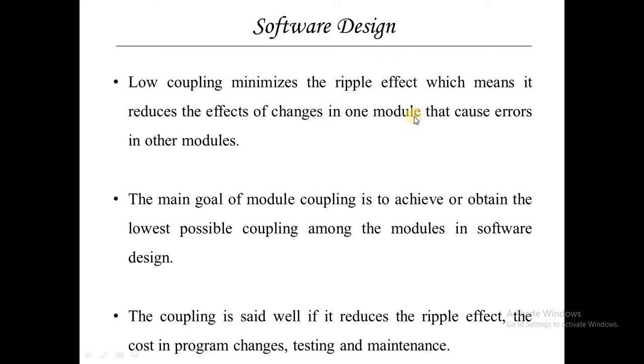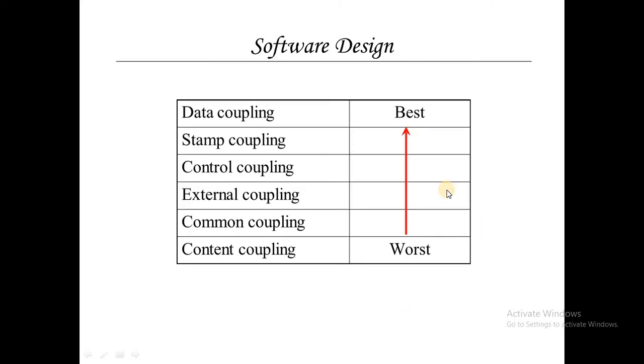Ripple effect means changes in one module will cause errors in another module, and low coupling reduces the cost in program changes, testing, and maintenance. These are the types of coupling: data coupling, stamp coupling, control coupling, external coupling, common coupling, and content coupling. The best possible case is data coupling, and the worst case of coupling is content coupling.